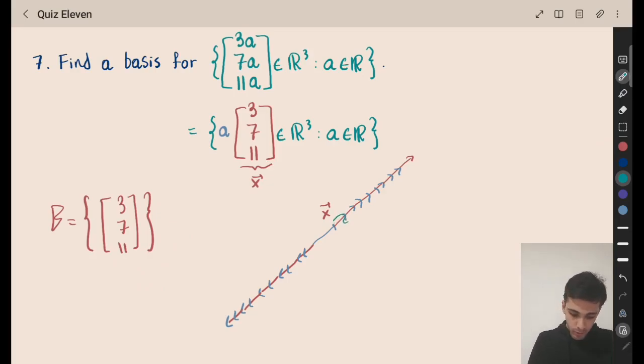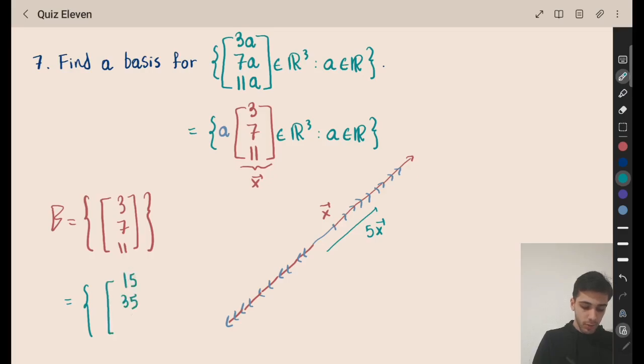For example, this is x, right? How about I choose a vector, and I'll draw it next to it for the sake of illustration, 5x. And then I take this 5x as a basis. So 5x gives me 15, 35, 55, and I look at all scalings of this, and it's still the same thing.